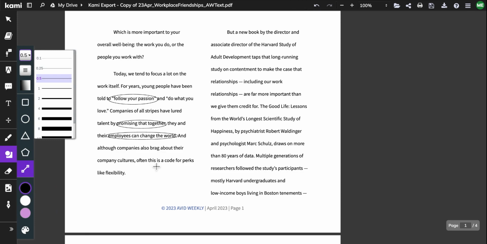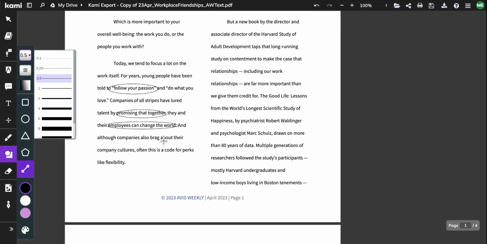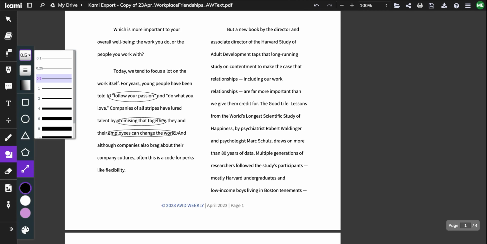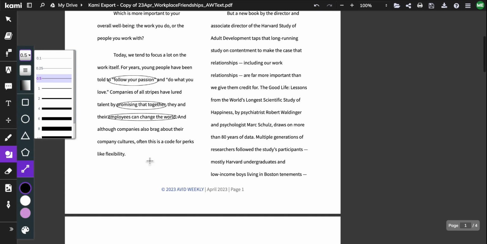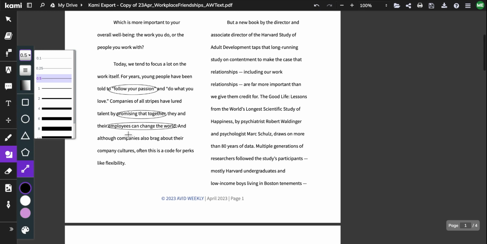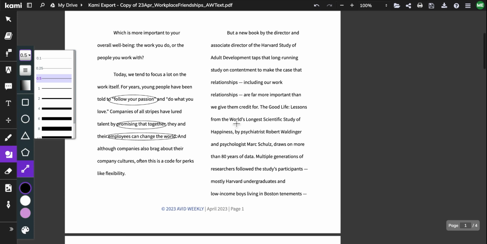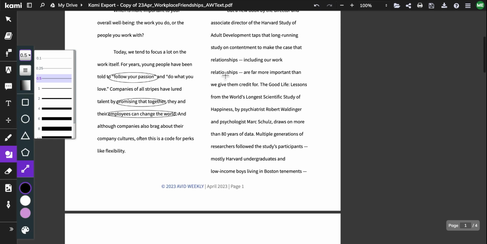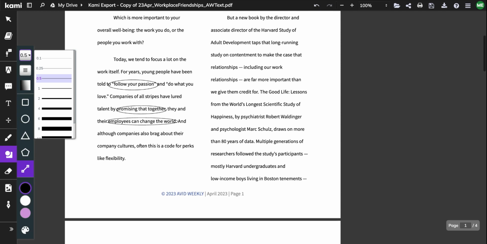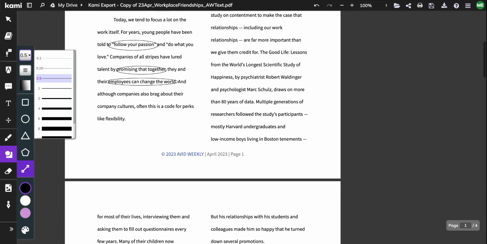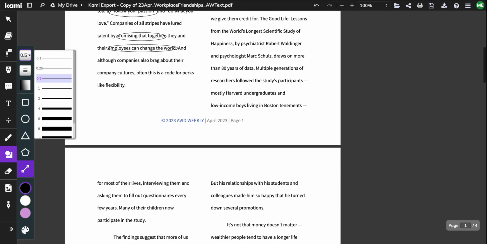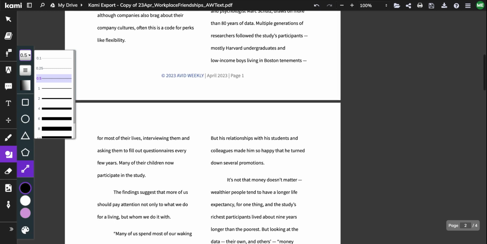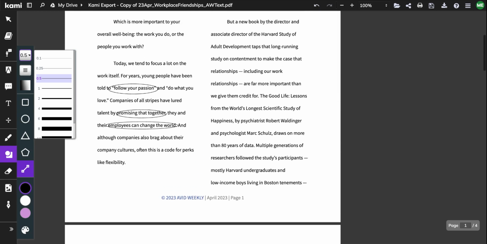Now, when it comes to the main idea, scholars, you're just trying to underline maybe one sentence, maybe two, but not the whole thing, because then it gets really confusing. So, what is this paragraph trying to tell me?